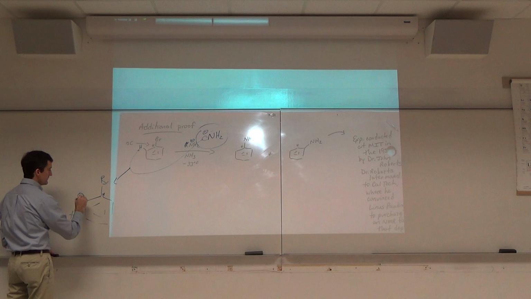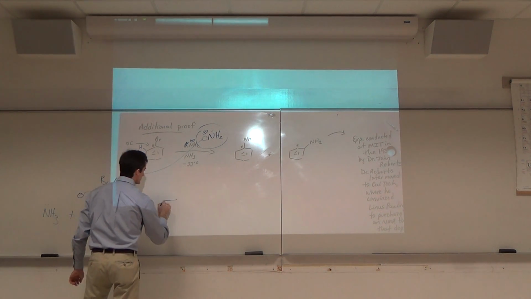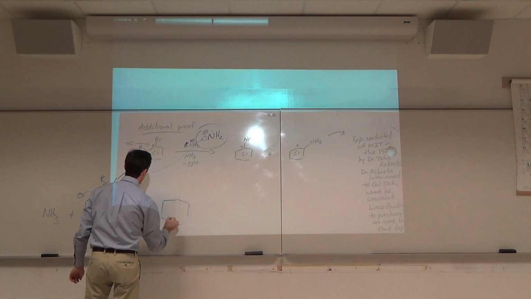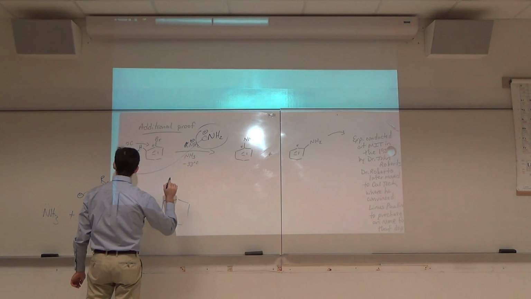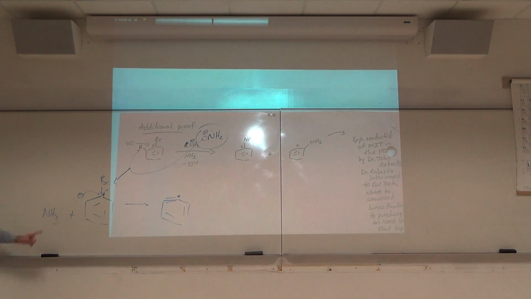Now this can move in here. I'll show the actual triple bond, kick that off. Get the triple bond, that's starred. Boom, boom. So we can generate our benzyne here. As I told you, it does happen here, even at minus 33 with this strong base nucleophile.